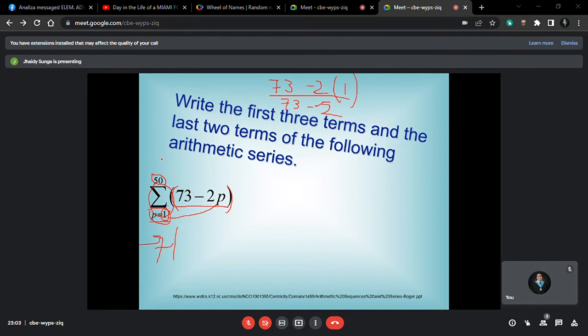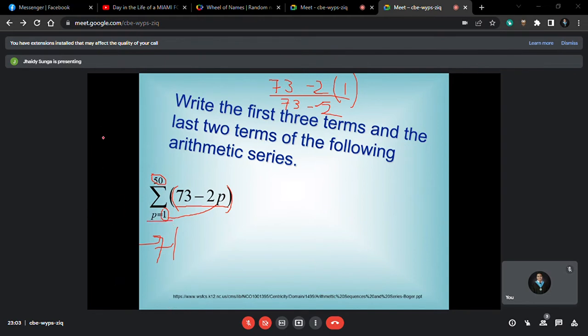So we have 71. We used the value p equal to 1, and we substituted the value of p to the terms we have inside the parentheses. So we are done using this term.